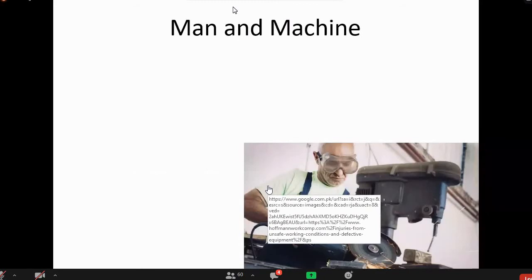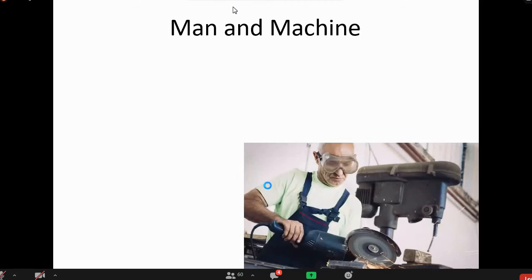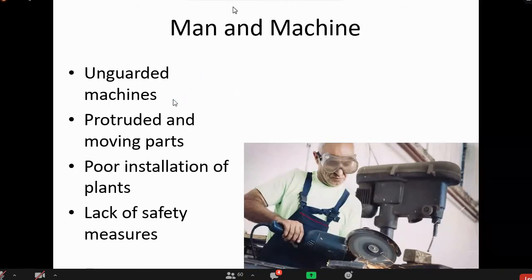Then we have man and machine. By man and machine, we have to take care that it should not be an unguarded machine. There should not be any protruded and moving parts, and if there are, you have to take extra caution. Poor installation of plants and lack of safety measures.